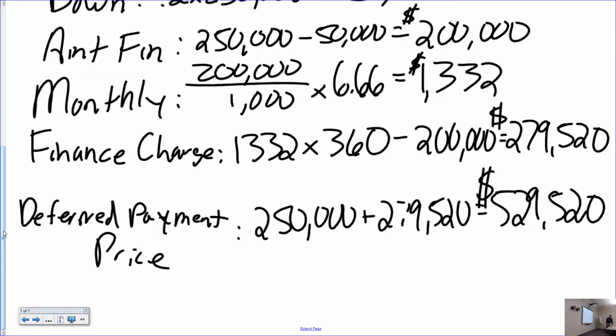So that $250,000 house is worth more than $500,000 of payments, folks. And that's just the way mortgages work, folks. There's no ifs, ands, or buts about it. You're going to pay, and you're going to pay for a long time. And yeah, it sucks, but that's the way it works. Okay, now.